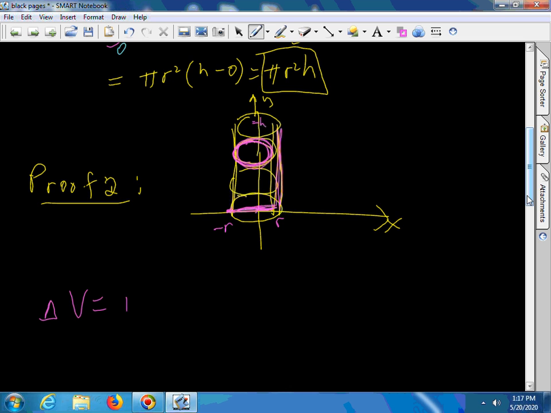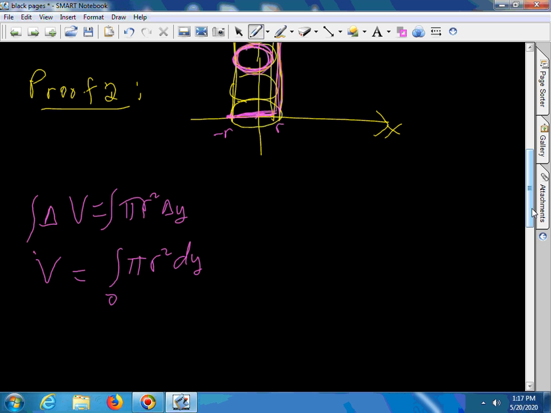Well, it's a circle, pi r squared, times a thickness, a delta y. So we're going to add them all up. On the left, we just get V, and on the right, we get the integral of pi r squared dy. And y is going from 0 to h.